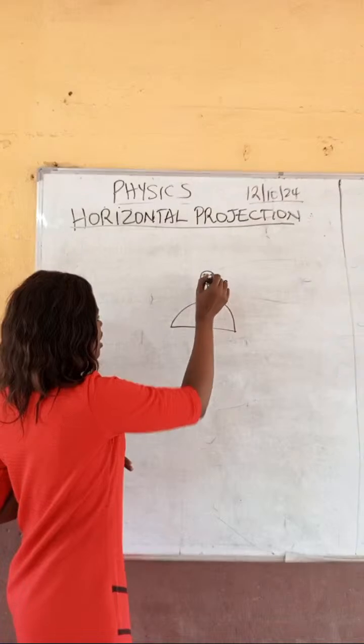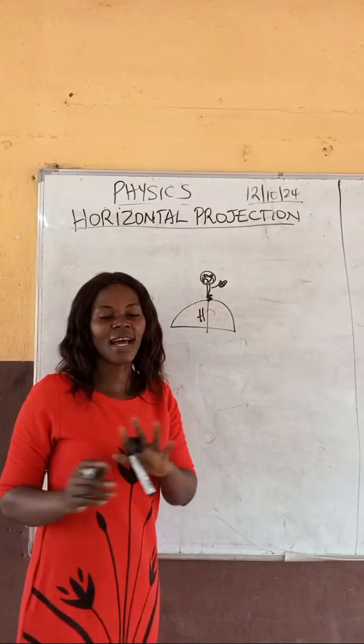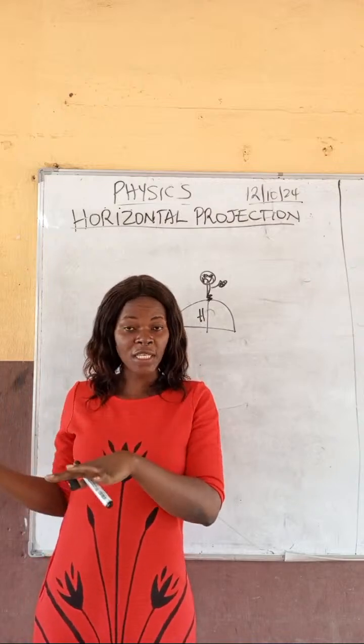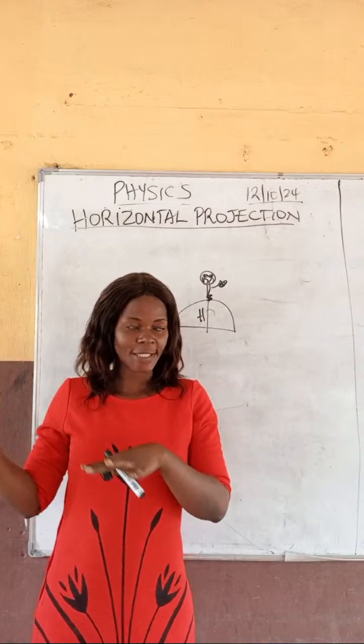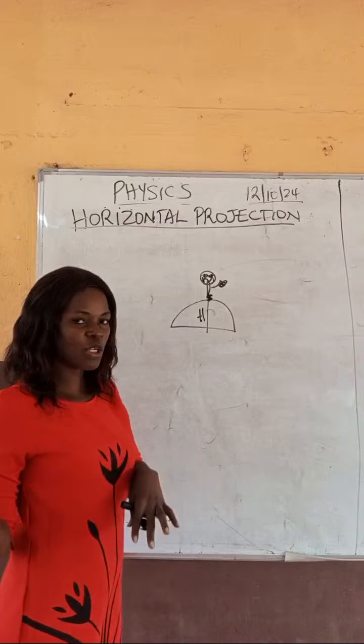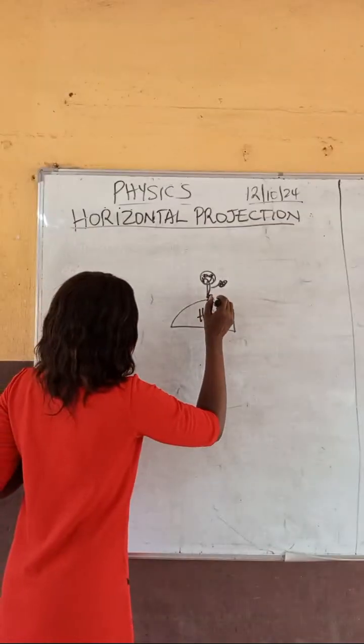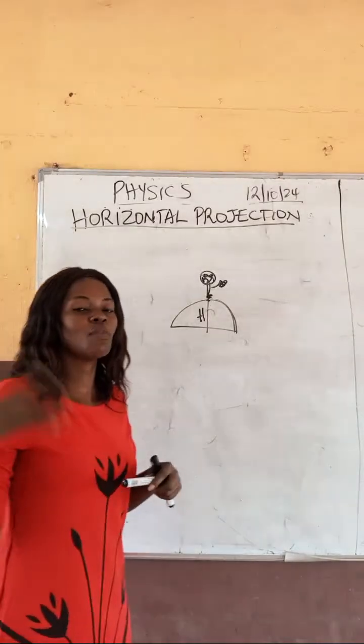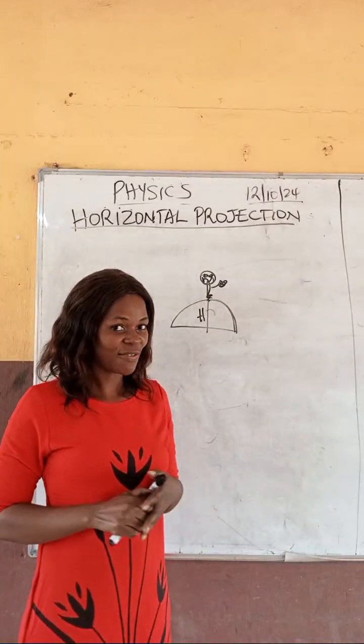If I project this stone while standing on top of a two-story building, or on a height, what am I going to do? If I throw that object, it's going to move this way and return to the what? To the ground. That becomes horizontal projection, right?